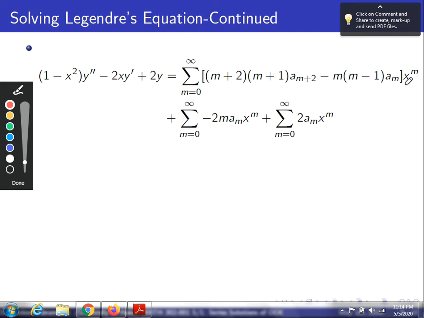So you see we have x to the n here, x to the n, x to the n. We can just combine all these terms together. So put these terms in the summand, pull out the x to the n, and then add negative 2m a sub m and 2 a sub m in the coefficient of x to the n.